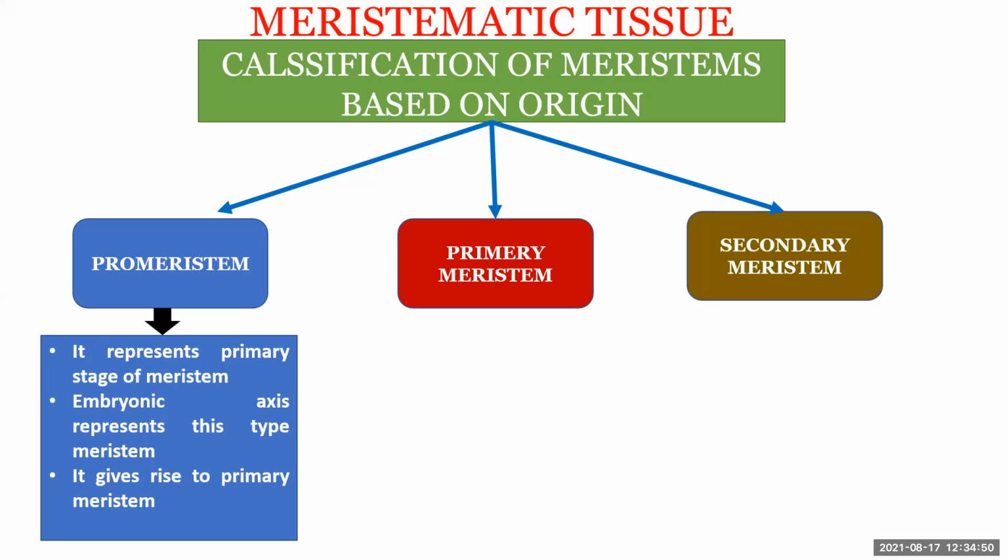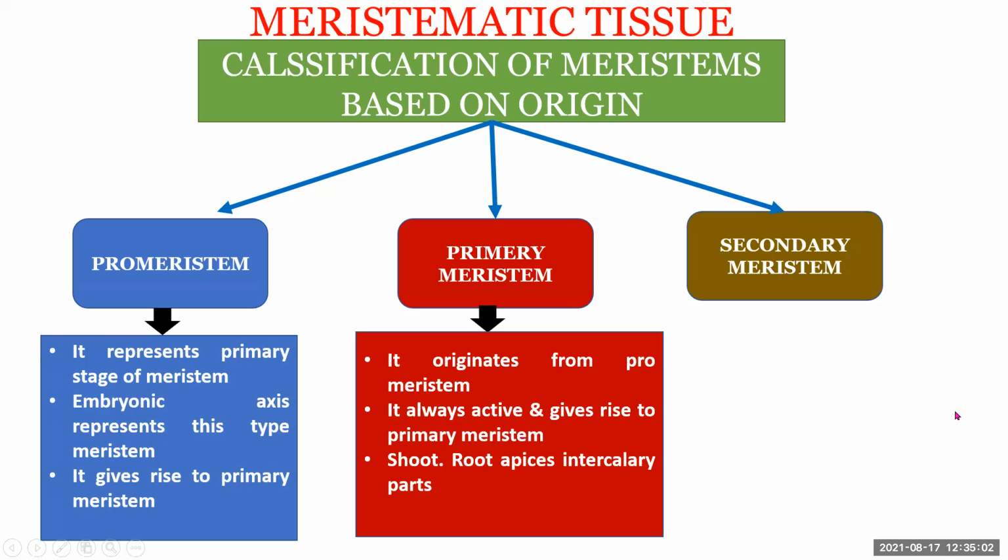Let us move to the second one, that is primary meristem. Primary meristem is developed from promeristem, as I just mentioned. Primary meristem originates from promeristem or primordial meristem or embryonic meristem.